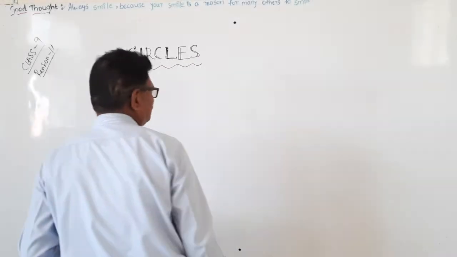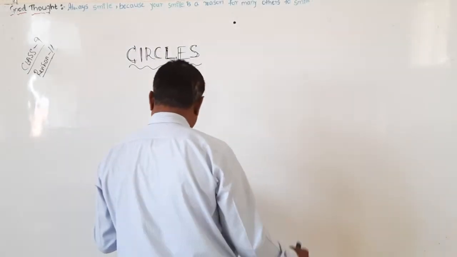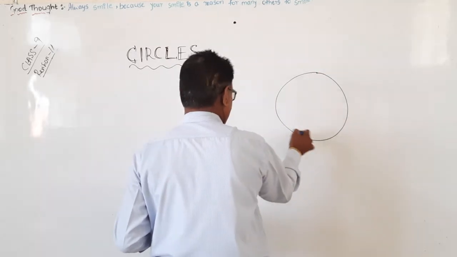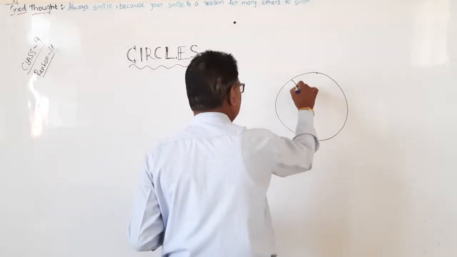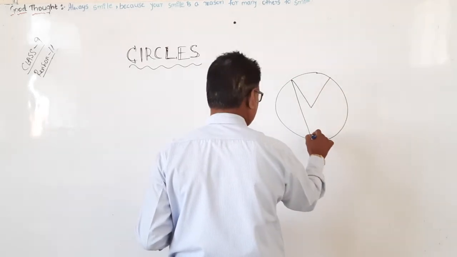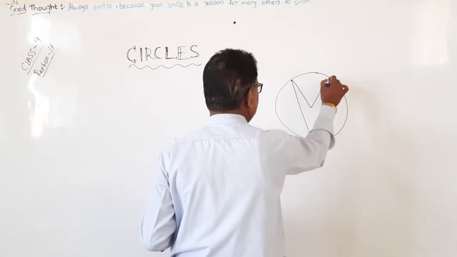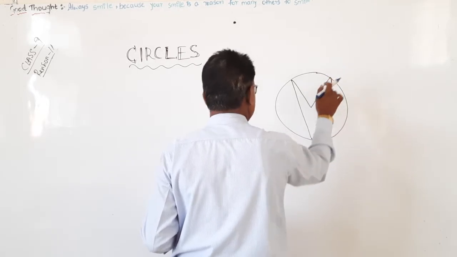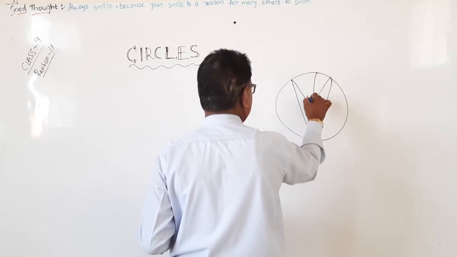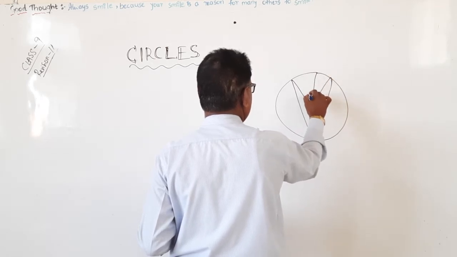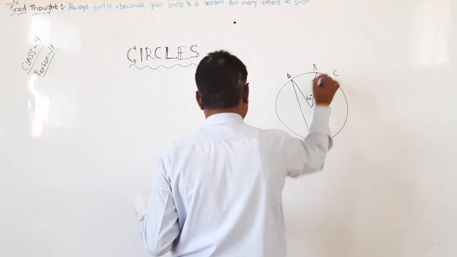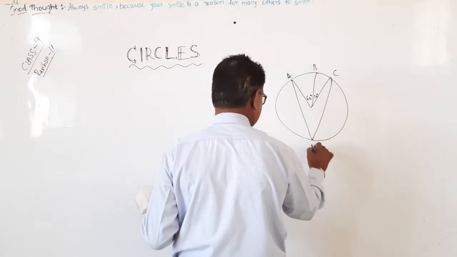So first problem, it is like this. It is a circle. In this circle, A, B, C, D like this.